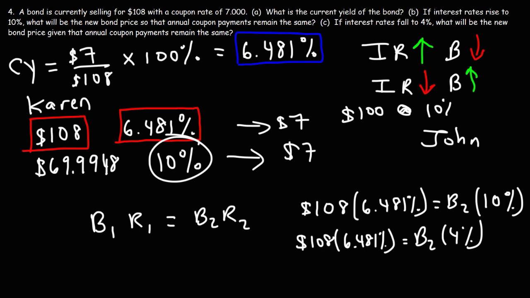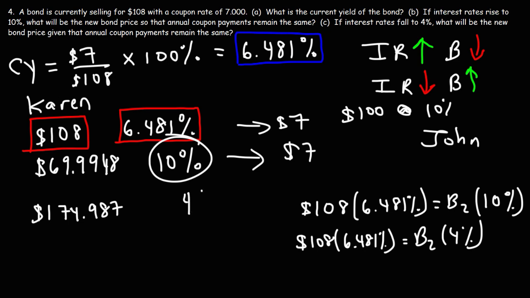So the new bond price will be $174.99 if you round it to the nearest cent. And this is at an interest rate of 4%.